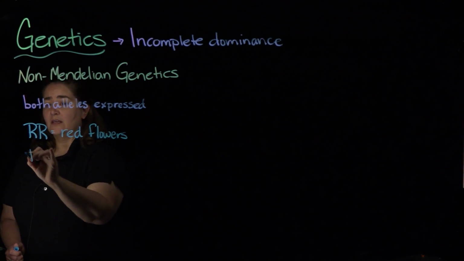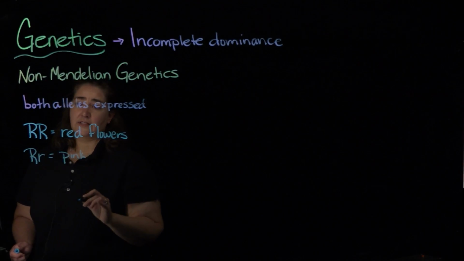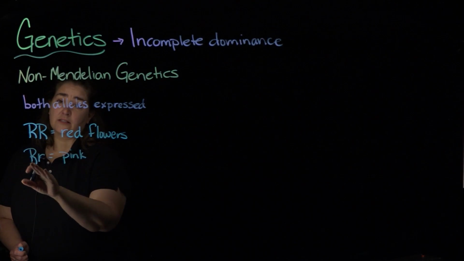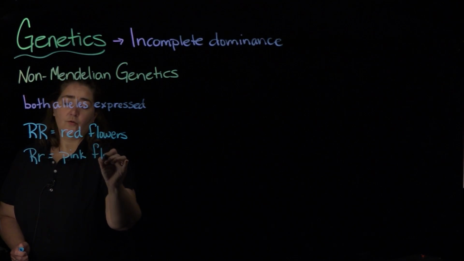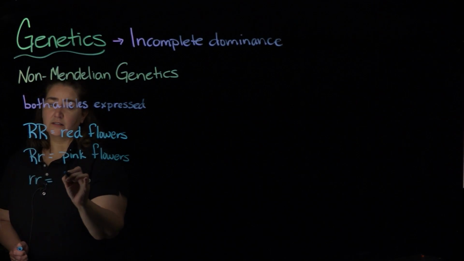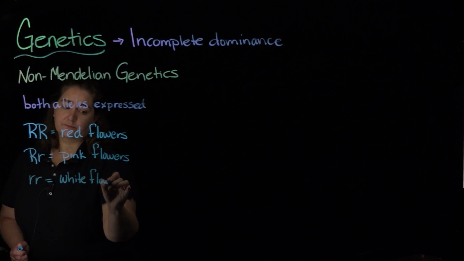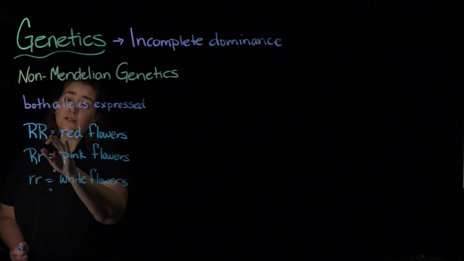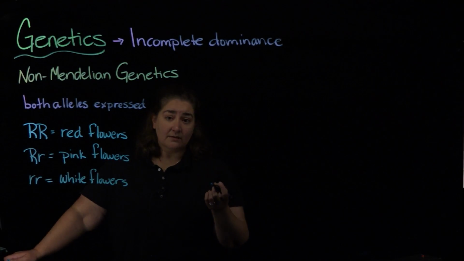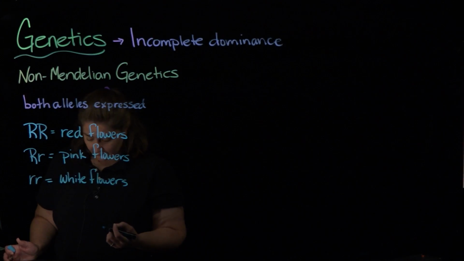If it's heterozygous, we now see characteristics of both parents being expressed. The dominant allele isn't completely dominant, and we end up getting pink flowers. Little r gives us white flowers. That's the phenotype that goes along with the genotype. The capital R is still our dominant allele, and little r is our recessive allele.